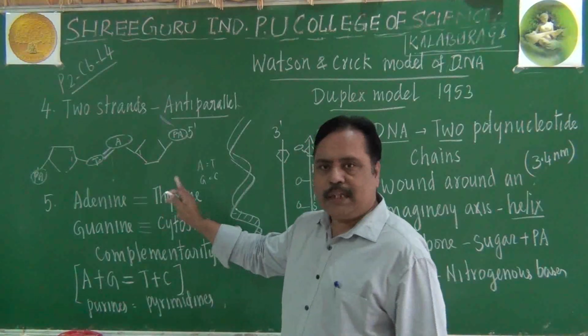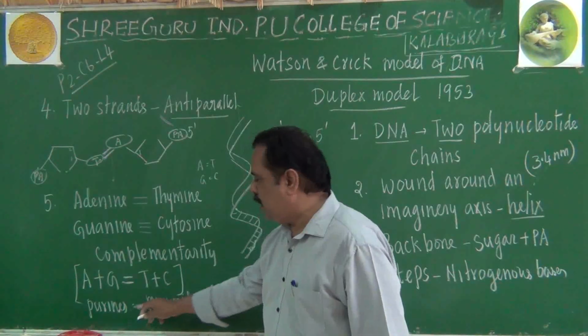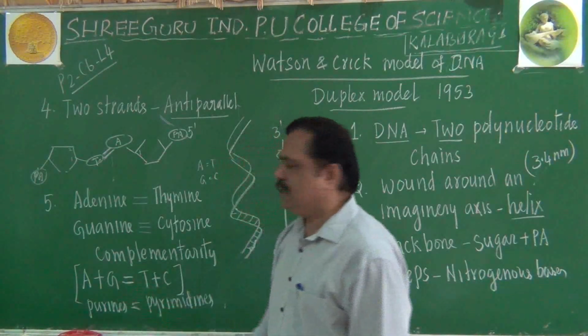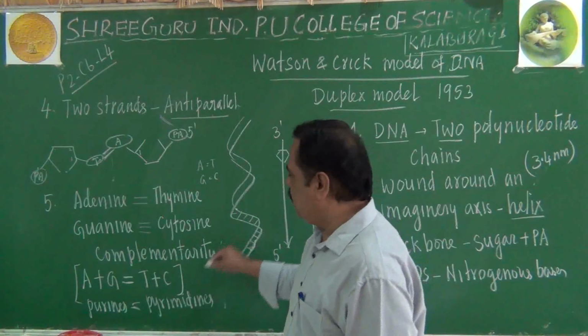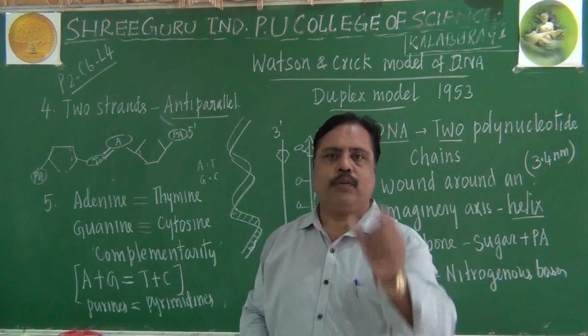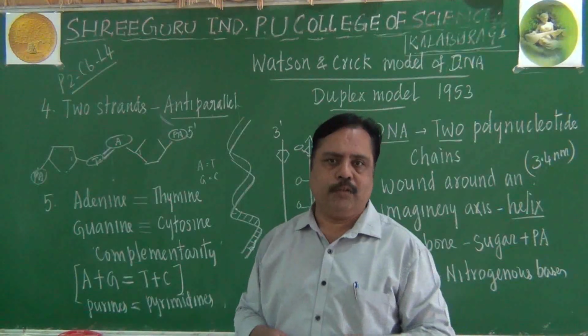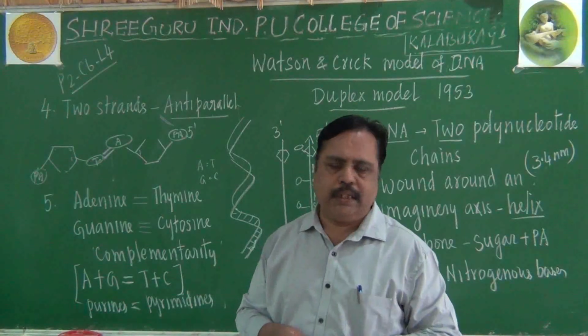The number of adenine and the number of thymine are equal. But A plus G, meaning purines, will be equal to pyrimidines. Do you understand this point? This is called complementarity proposed by Watson and Crick. If you write these five points, you will get five marks. It is an important five-mark question.